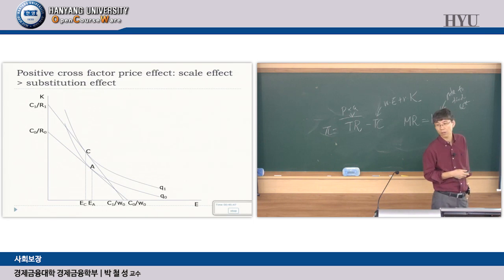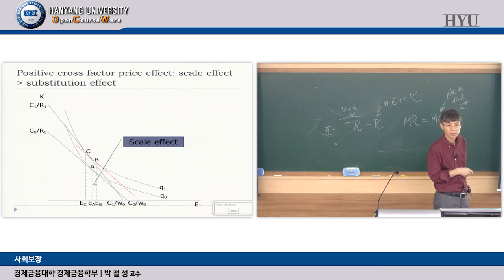But since the rent is cheaper, the firm will produce more, for example on the isoquant Q1, and moving along the steeper line: A to C. Then you can show the scale and substitution effects. The scale effect is that you assume the same slope, hypothetically, but on the new isoquant Q1. That's point B. So this is the scale effect part.